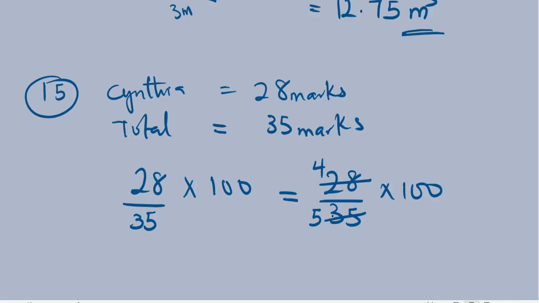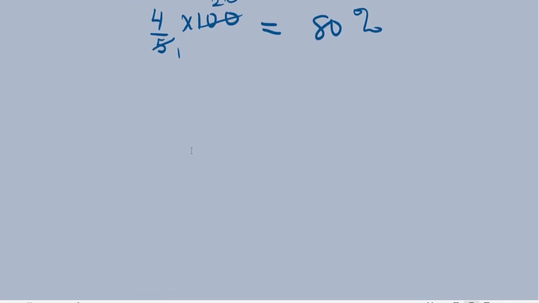So we have 4 over 5 times 100. 5 divided by 5 is 1. 100 divided by 5 is 20. So that will give you 80%. So Cynthia had 80%.